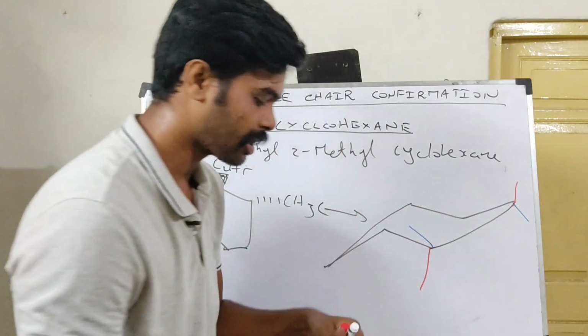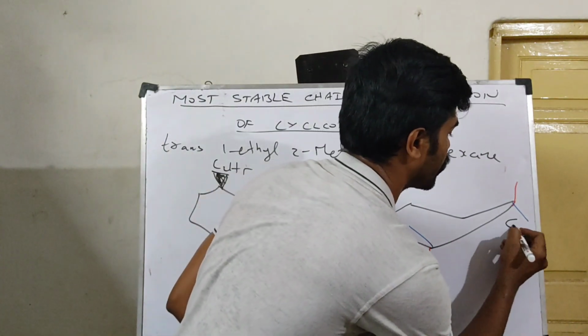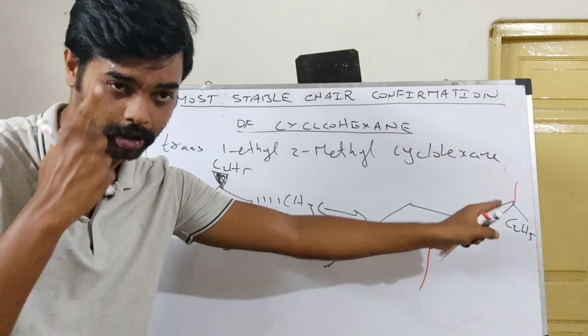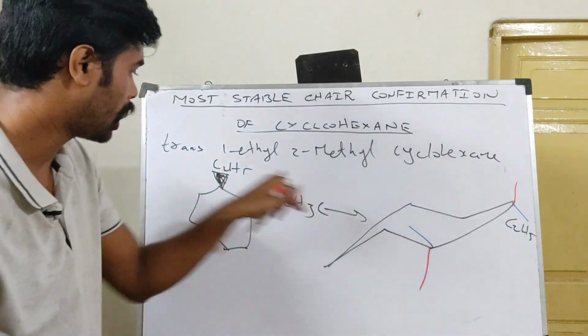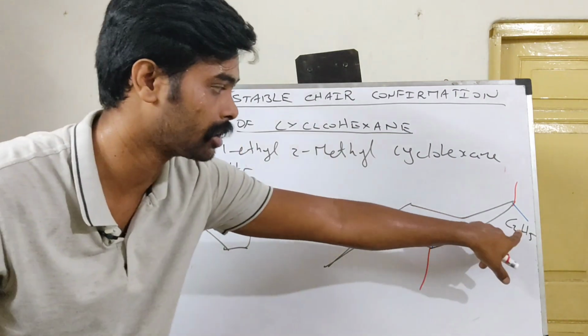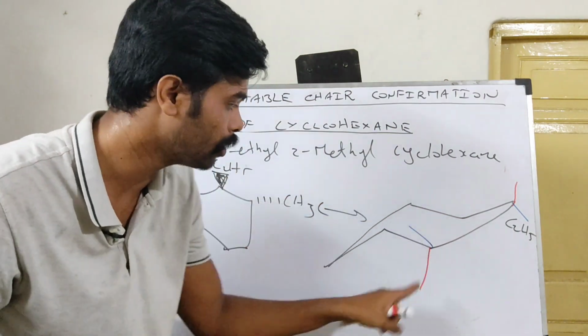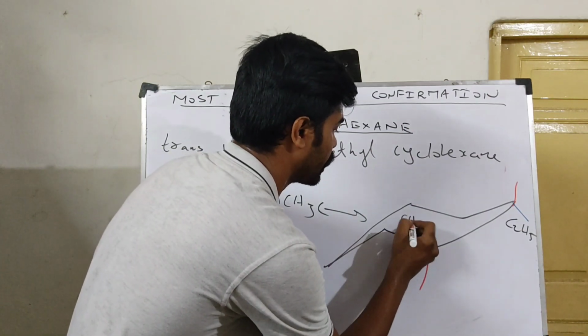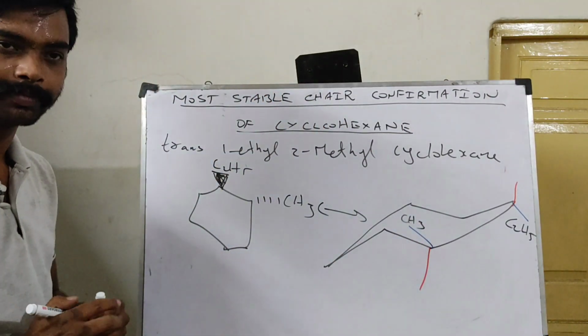Let me start with the first carbon atom. I will put C2H5 in the equatorial position, which is pointing down, doesn't matter. Now it is trans, so I have to make sure that the methyl group is pointing up, because in the first position I have put the ethyl group pointing down, and here it is going to be pointing up, which is going to come here.